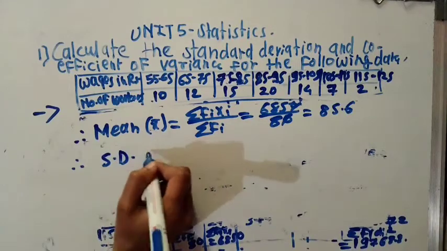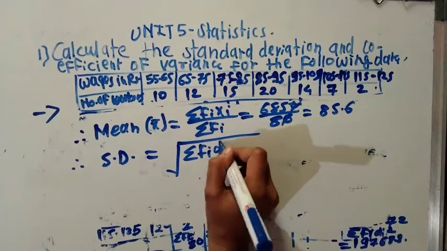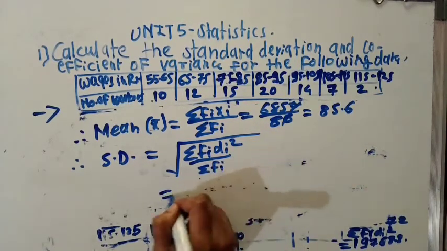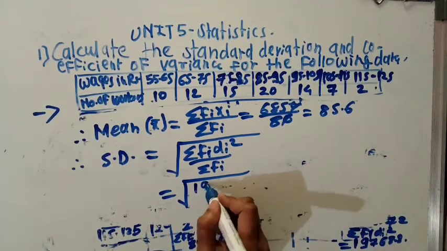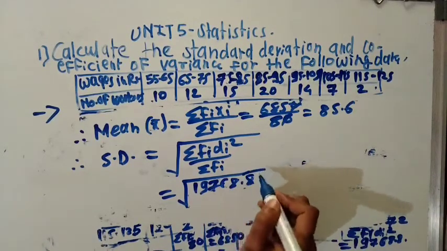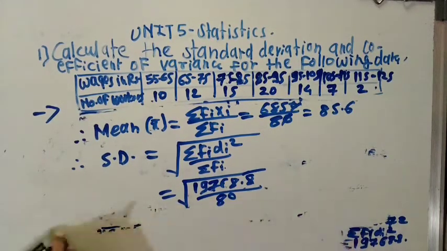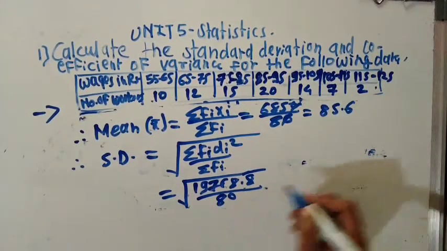Then find out standard deviation is equal to root summation of fi di square upon summation of fi, is equal to root 19,768.8 upon summation of fi is 80. So find out this division.